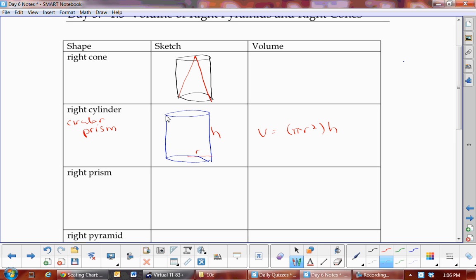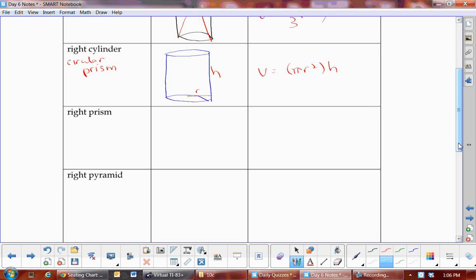I actually used to have this thing, and if you could take those pieces off and you're left with the cone, then weigh it, guess how much you're left with? It's actually a third, 1/3. And it's pi r squared h. So that's where the formula came from. It came from the cylinder. And same with the right prism and the right pyramid.